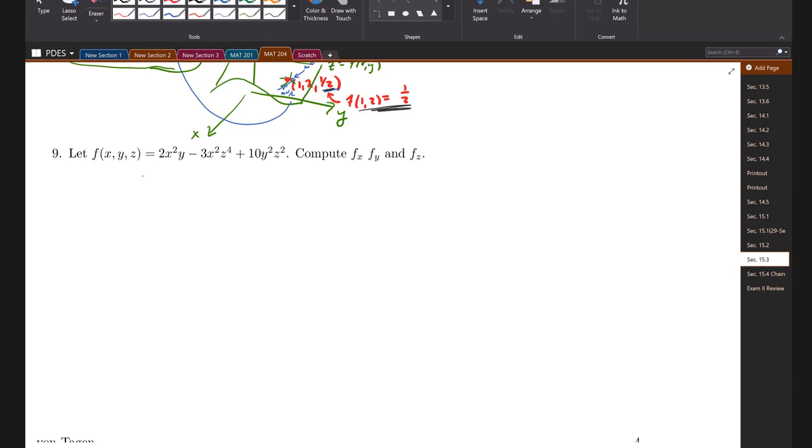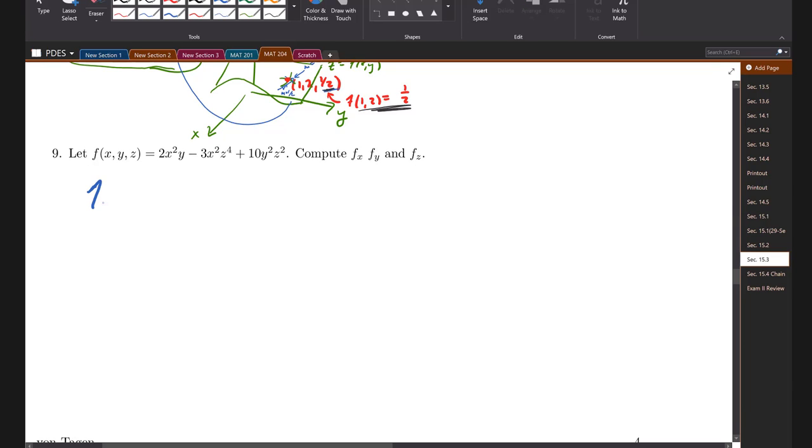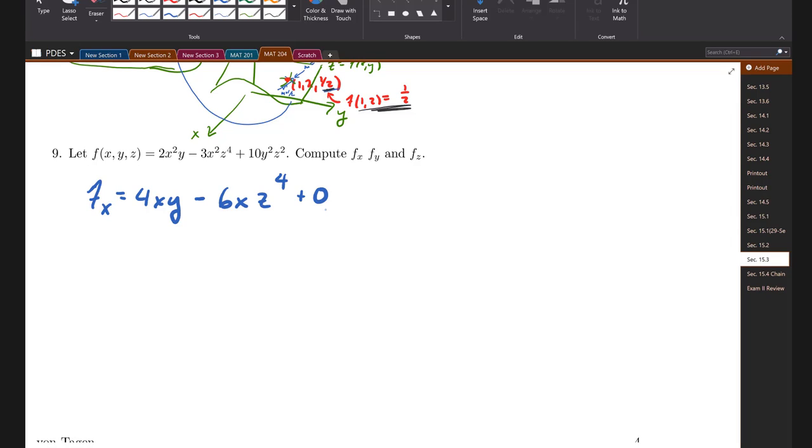Partial f, so in fact we're using this other notation here, f sub x would be 4xy minus 6xz to the fourth. And I'm going to emphasize by putting a plus 0 there, because when I take the partial derivative of that last term with respect to the variable x, it's being treated as a constant, and the derivative of that constant is 0.